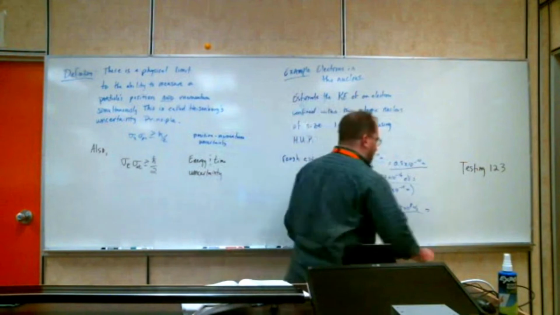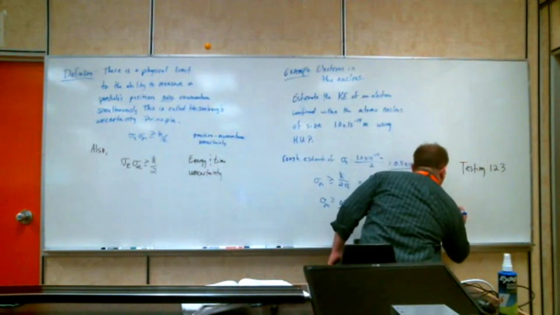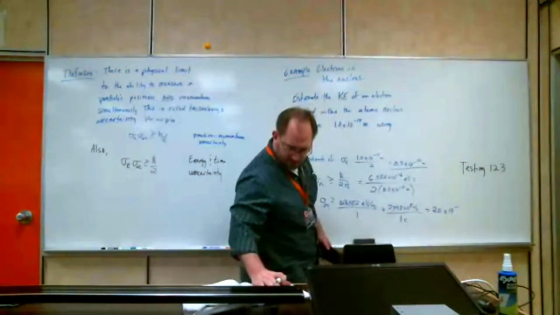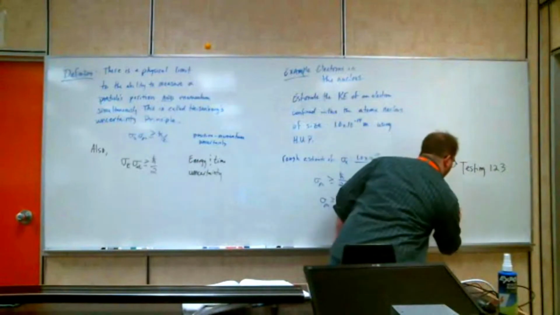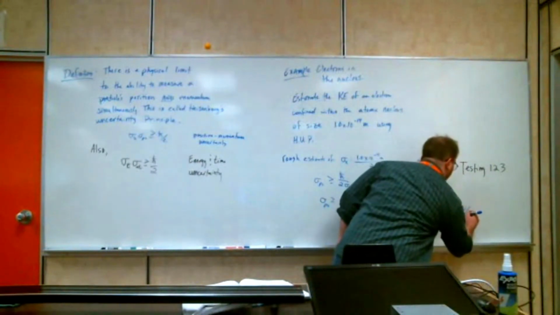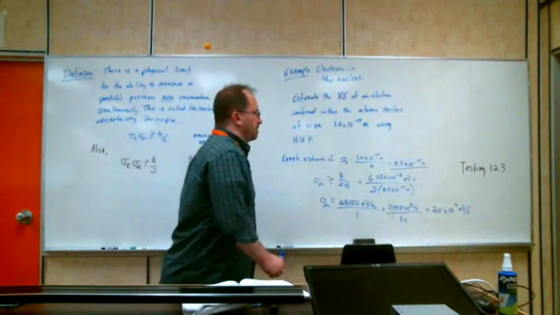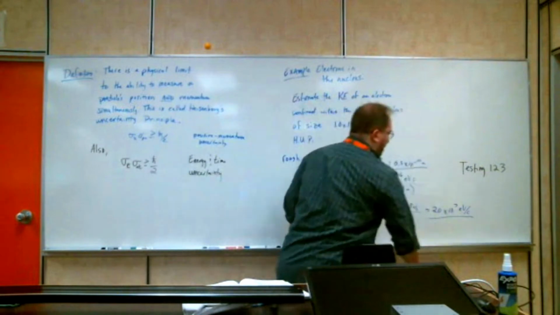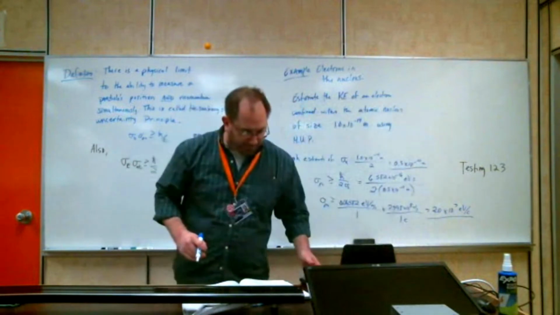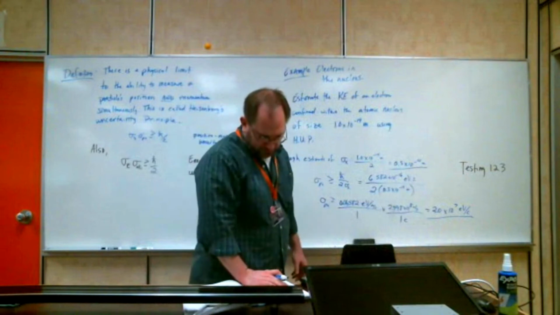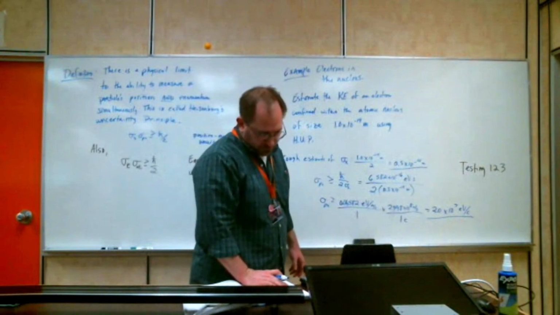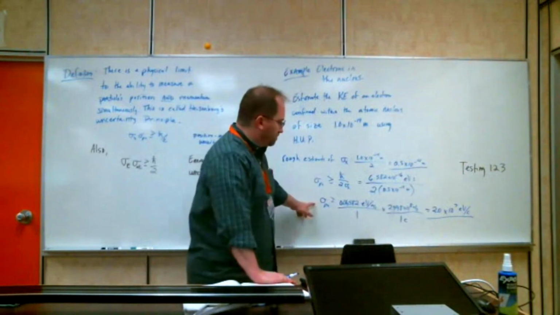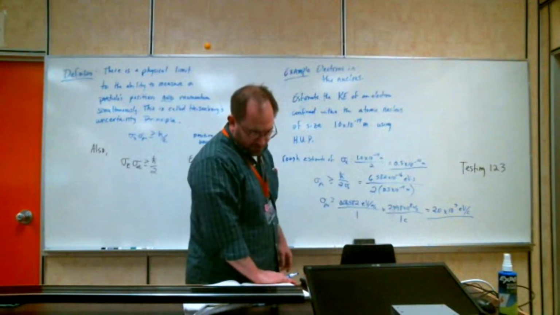This works out to be 2.0 times 10 to the positive 7. So far, so good. So it's a pretty big uncertainty there.